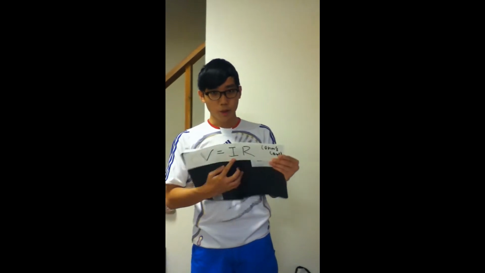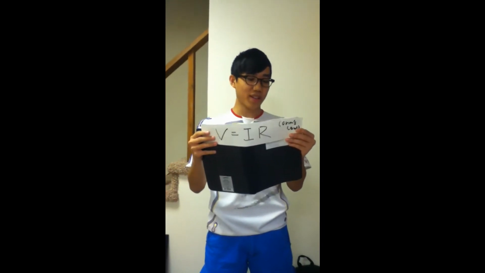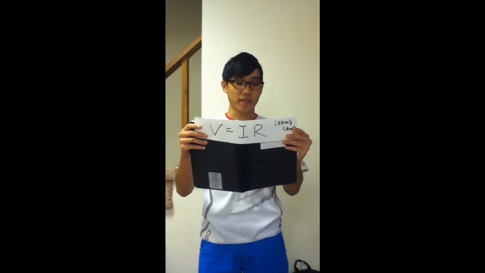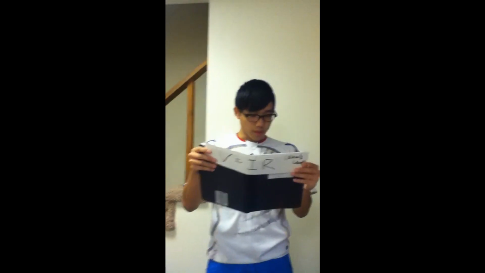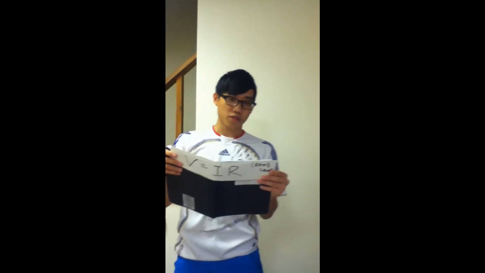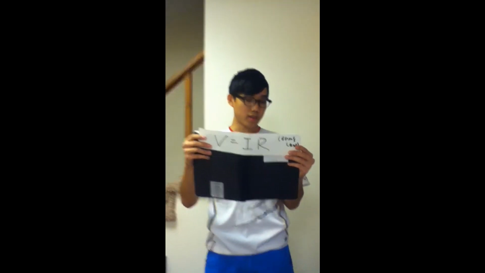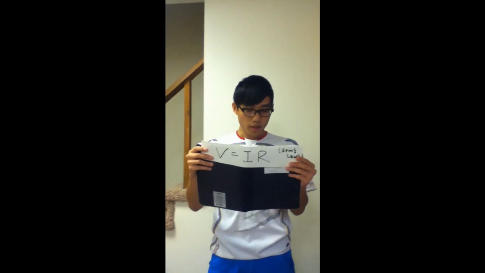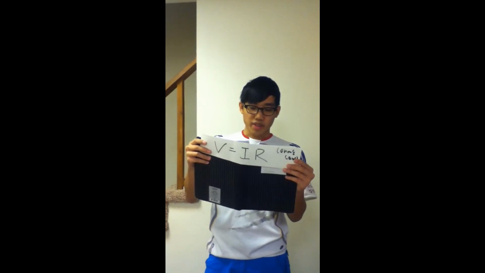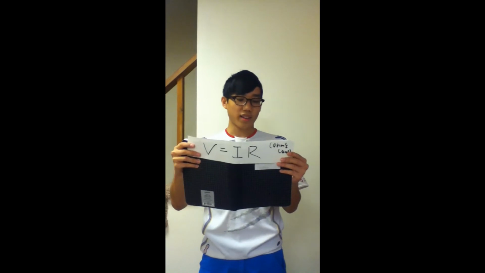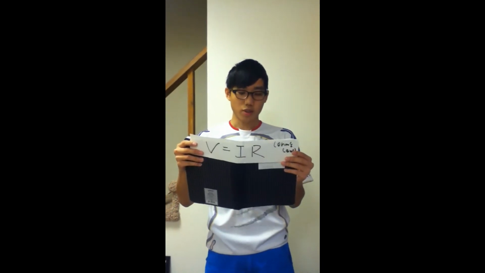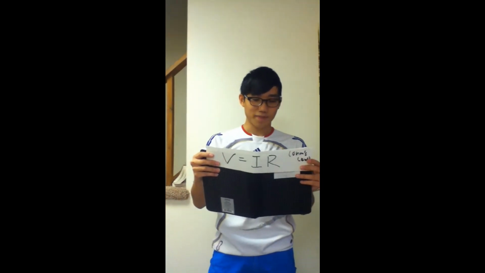And I, which stands for current, is our dependent variable. We are observing it while we are changing the amount of batteries. We use an ammeter which connects to the circuit to measure current.